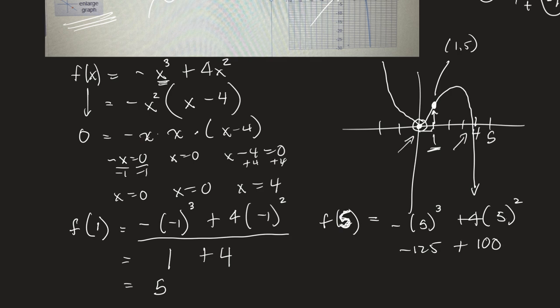And minus 125 plus 100 is negative 25. It looks like that'll fit on my graph. So the other point is 5, and then way down here at minus 25 is another point. Okay, so given that, I'm going to try to graph this.